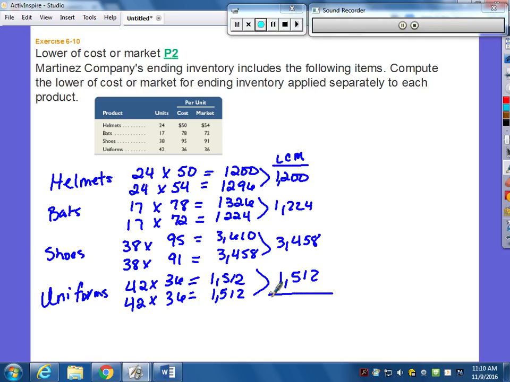Add that up for me. What's that last number on the bottom? 1,512. 7,394. 7,394.